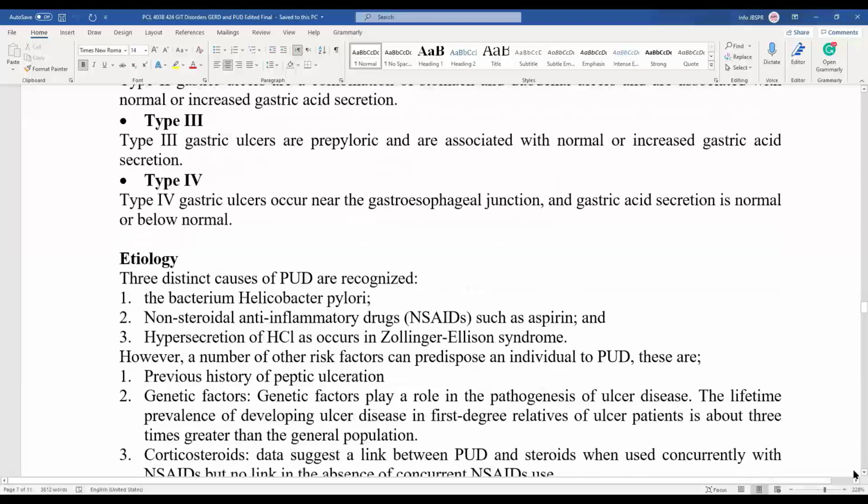We've mentioned Helicobacter pylori, the non-steroidal anti-inflammatory drugs, and then excessive secretion of hydrochloric acid as occurs in Zollinger-Ellison syndrome. But then, apart from these 3 distinct causes, there could be other risk factors that can predispose an individual to peptic ulcer disease.